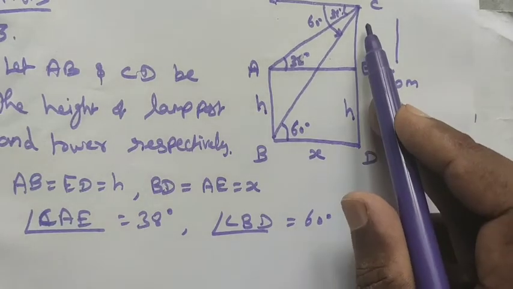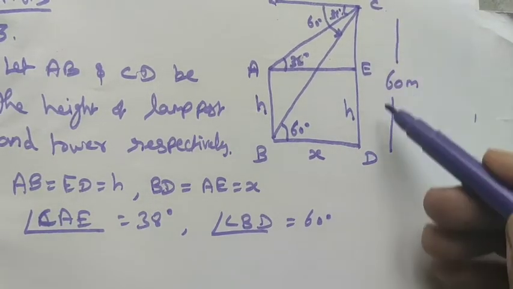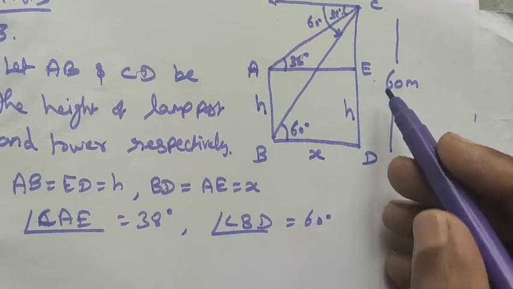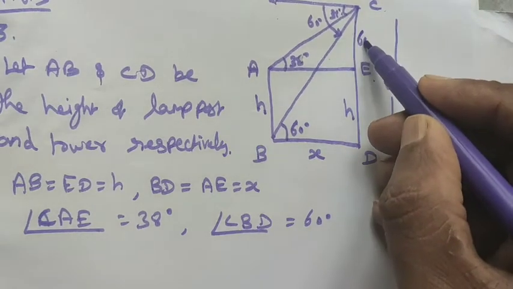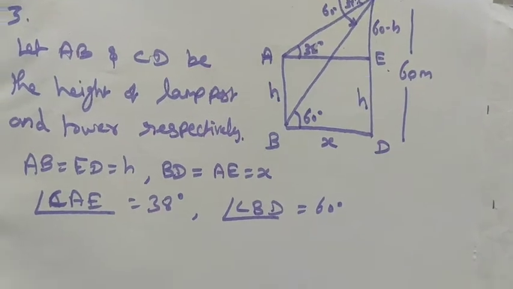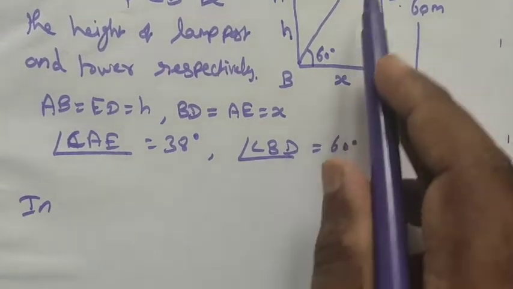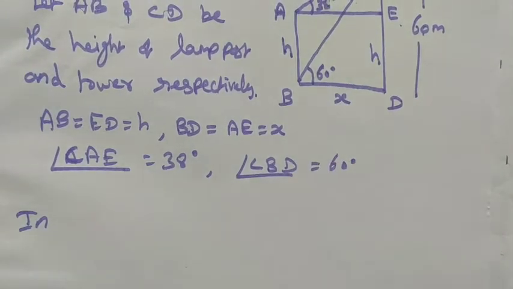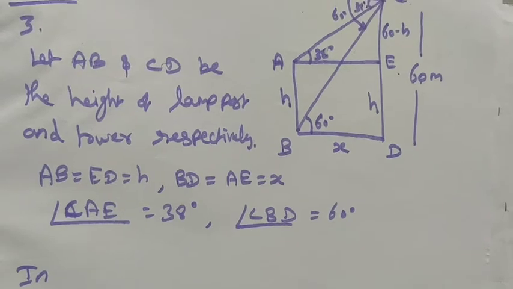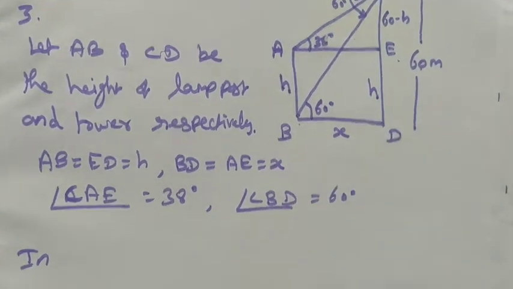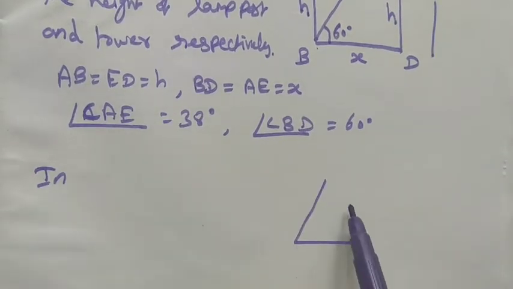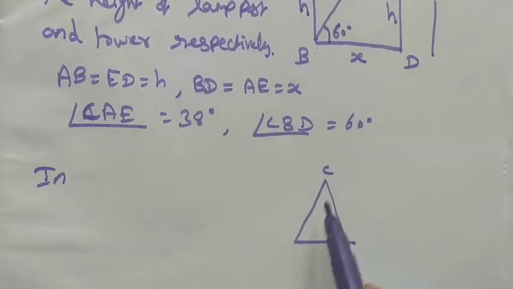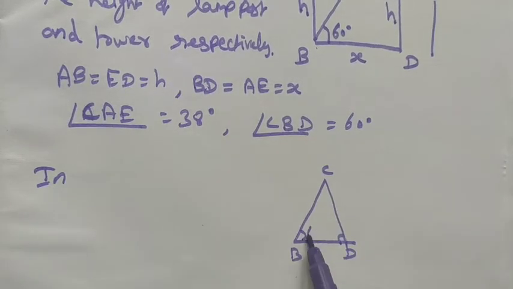Now CE means the total distance CD minus ED, that is 60 minus H. We have two triangles, one with 38 degree and another with 60 degree. First I take triangle CBD, the right angle triangle, with angle 60 degree. The distance CD is 60 meter and BD is equal to X.